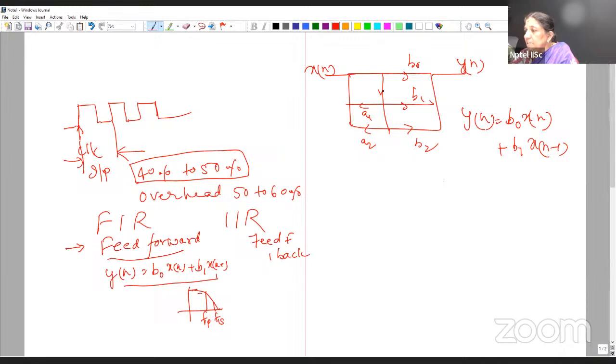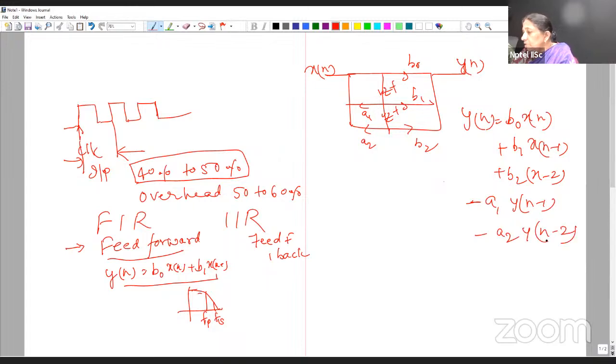These are the delays basically, as you can see, the z minus 1. So plus b2 into x of n minus 2, minus, because it is going in the other direction, we can take a1 into y of n minus 1 minus a2 into y of n minus 2.